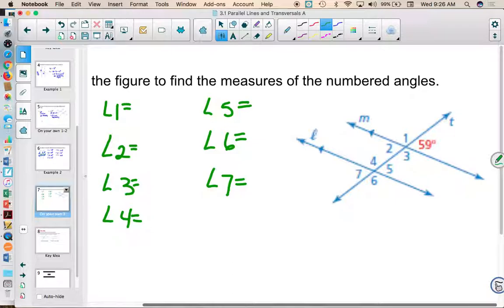Nobody needs a protractor. You're saying measure 1 is 59.